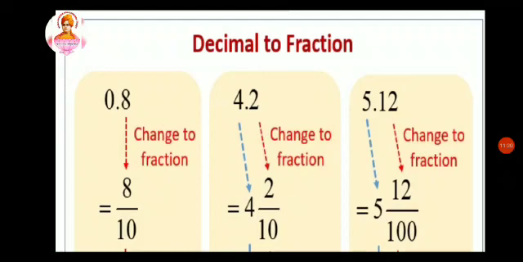I already told you the right side of the decimal point is called the decimal part. The left side of the decimal point is called the whole number. The left side we have the value 0. That means no whole number is there. Right side decimal part is there. So in the decimal part only we have a number 8.